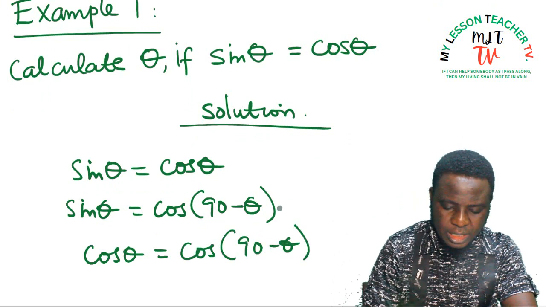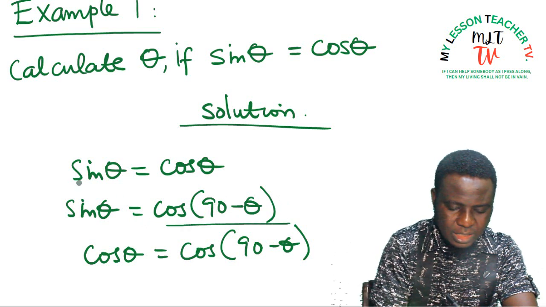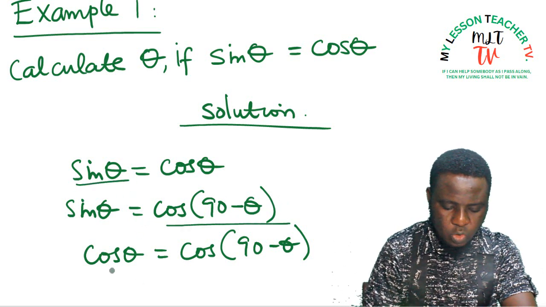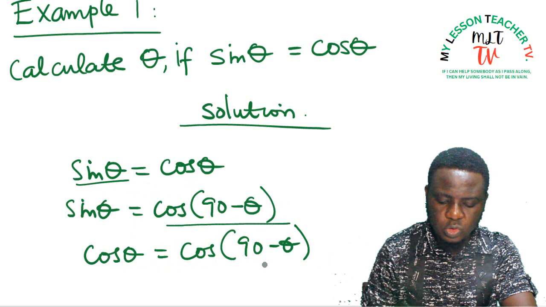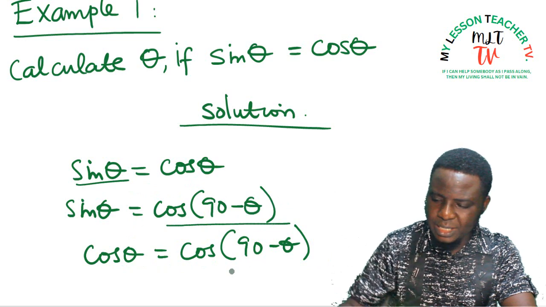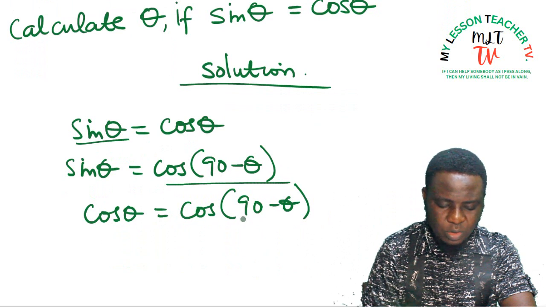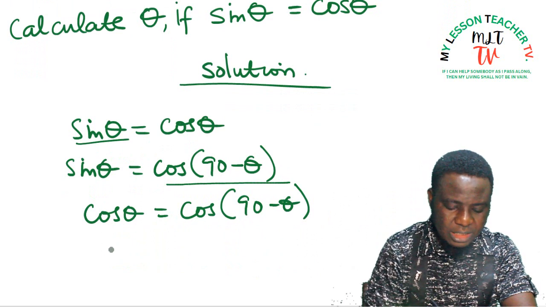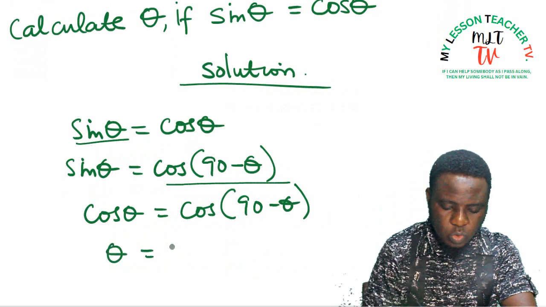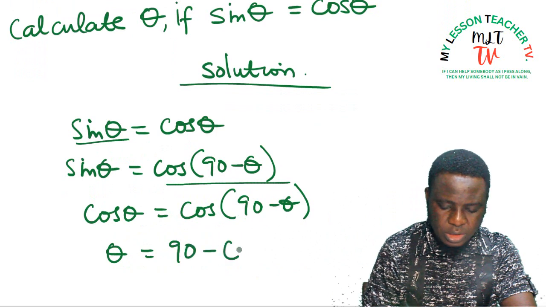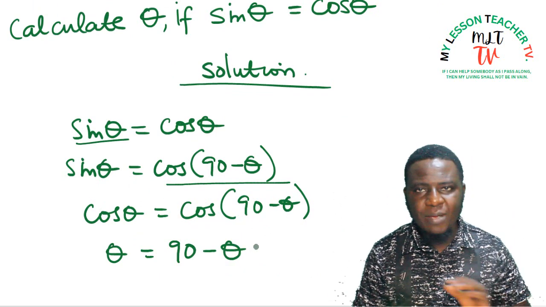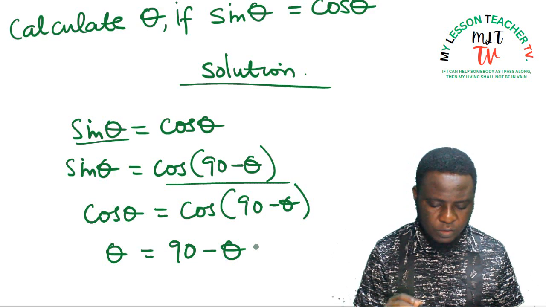By substituting this in this equation, you have cos theta equal to cos 90 minus theta. And if cos theta is equal to cos 90 minus theta, it therefore means that theta will be equal to 90 minus theta. The aim is for us to get the value of theta.